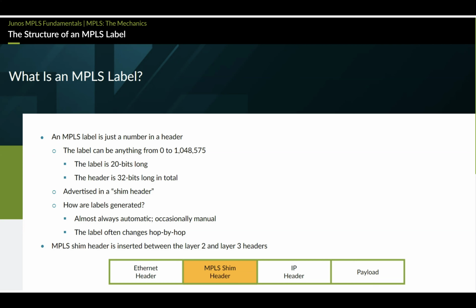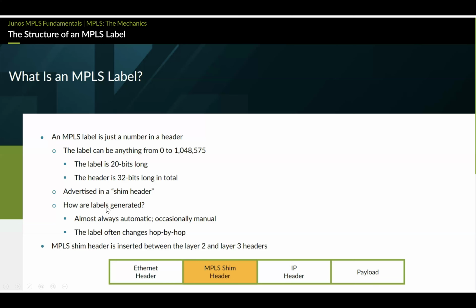Between layer 2 and layer 3, the MPLS shim header is inserted. Sometimes MPLS is called layer 2.5. This MPLS shim header total is 32 bits long and the label is 20 bits.